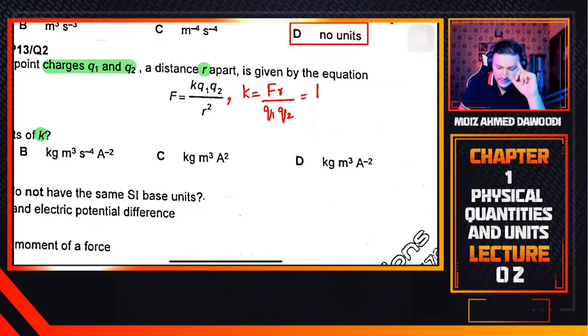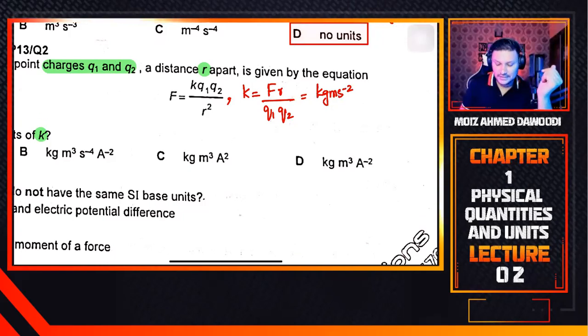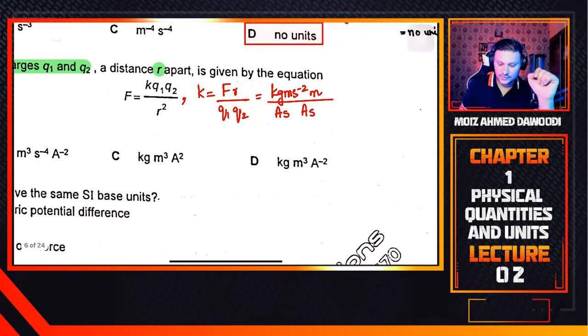So F is force, kg m s^-2. R is radius, it lies in the domain of length, meter. Q1 is charge, and Q equals I t. So Q becomes A s, I is ampere, t is second, and for Q2 also A s.